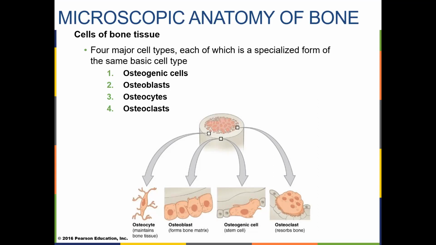When the osteogenic cell undergoes mitosis and they divide, bone cells have no restrictions about mitosis or cell division. They're not like muscle cells, they're not like nerve cells. The stem cells will undergo mitosis and usually produce daughter cells that are identical.